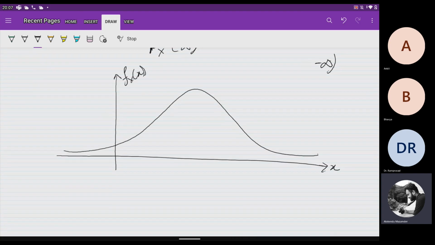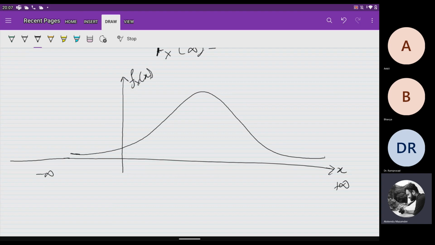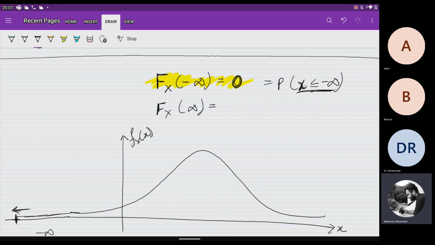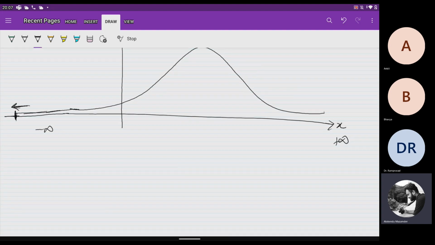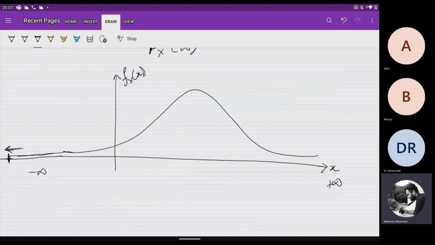This PDF lies from minus infinity to plus infinity, so x should lie somewhere deep down at minus infinity. For any probability density function, this will automatically be 0, because at minus infinity there is no amplitude or peak of the density function, right?